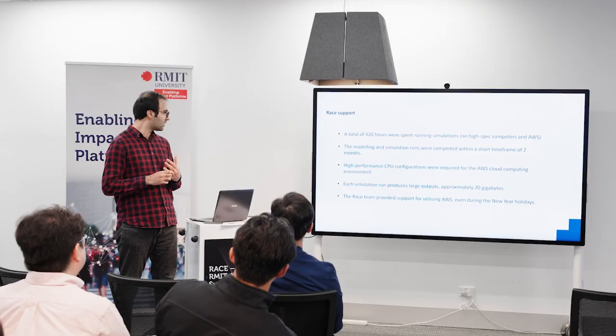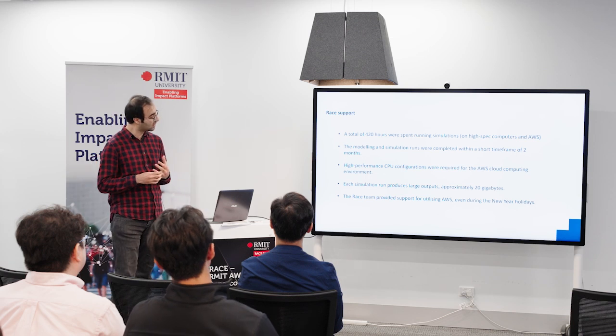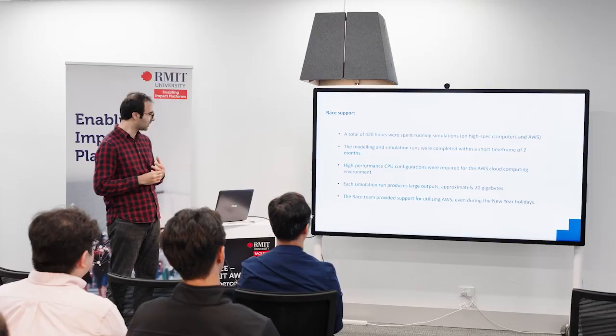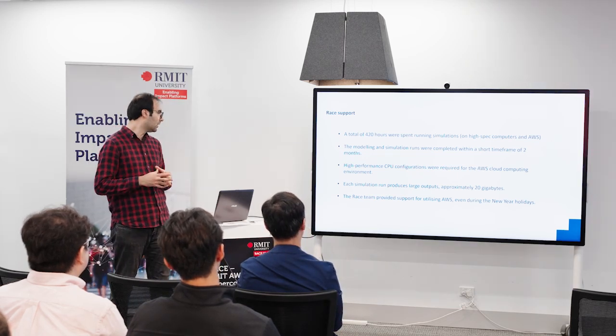Each simulation also creates large output files, around 20 gigabytes per run. This is separate from the testing and solving the crashes because of the CFD modeling and changes in the wind and all of that.